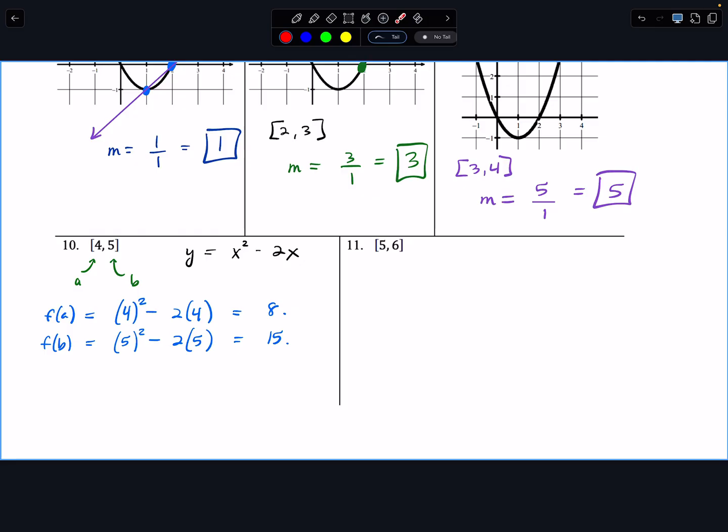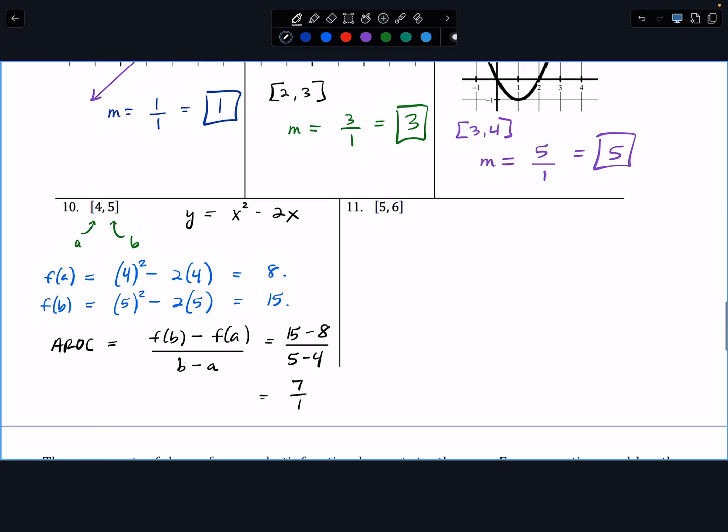B minus a. But what's b minus a always going to be in this case? How far apart are these numbers? 1, okay? So the rate of change is going to be f of b minus f of a all over b minus a. So in this problem, it's going to be 15 minus 8 all over 5 minus 4, which is just 7 over 1, which is, oh my goodness, 7.